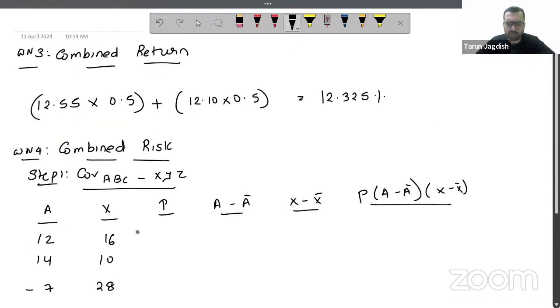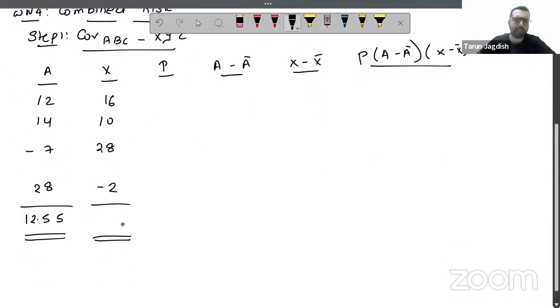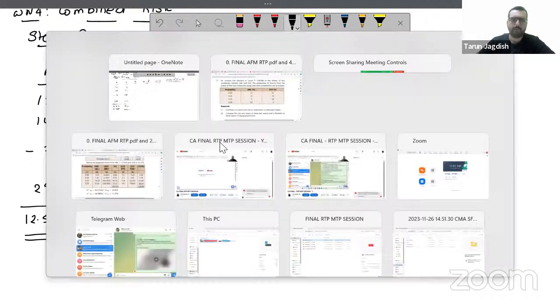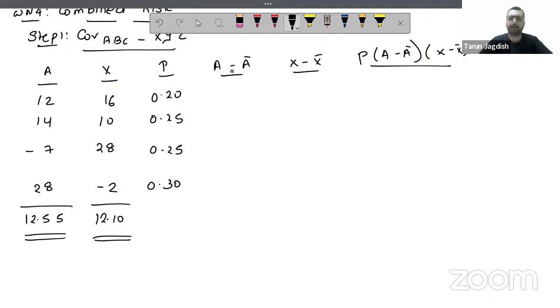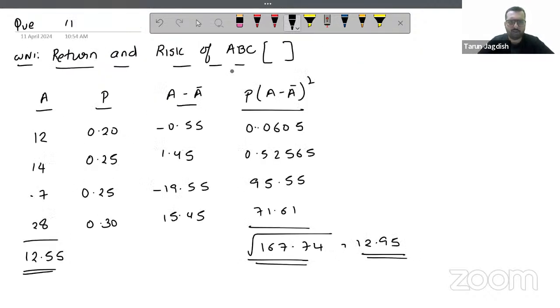What is the average that you get over here? 12.10. Probabilities are going to be 0.2, 0.25, again 0.25 and 0.30.